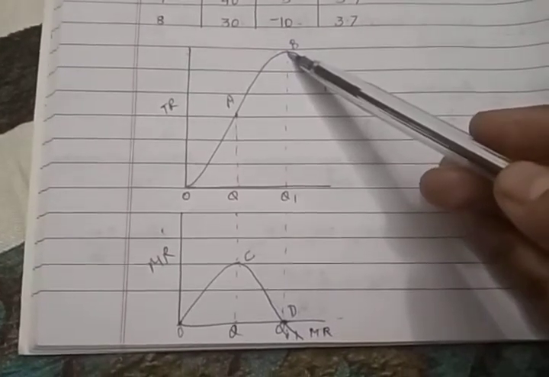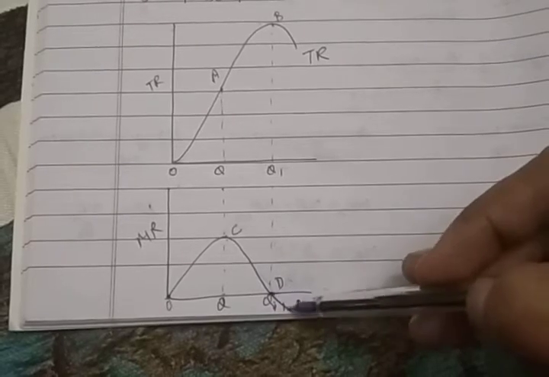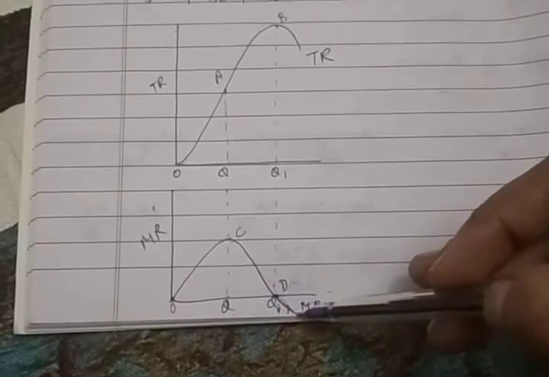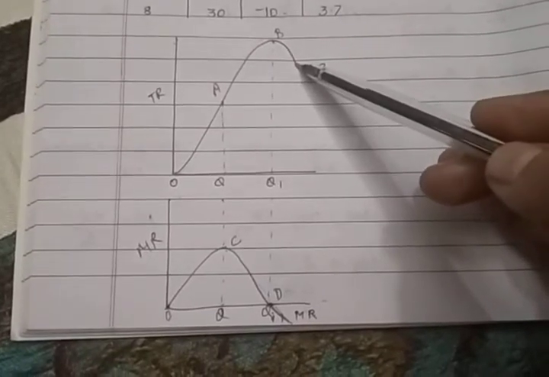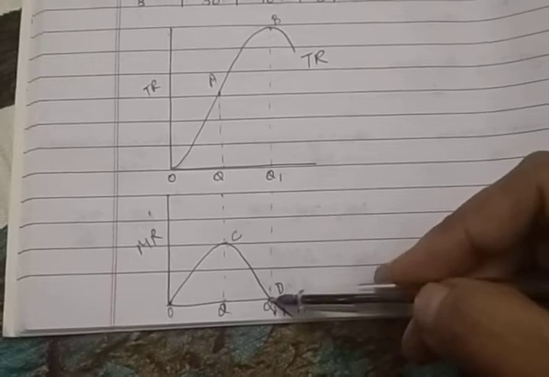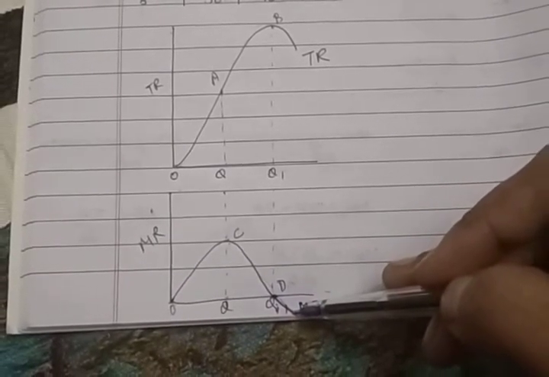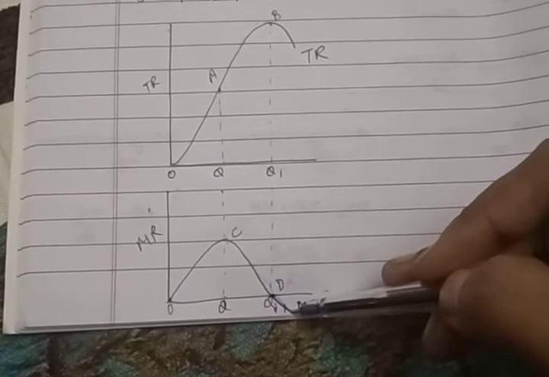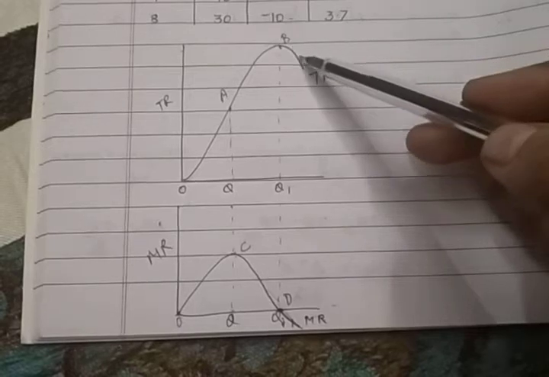Now the fourth relationship, when MR becomes negative, TR also starts decreasing. So in the diagram, beyond the OQ1 level of output, the MR curve lies below the x-axis, which indicates negative MR, and accordingly TR also decreases.